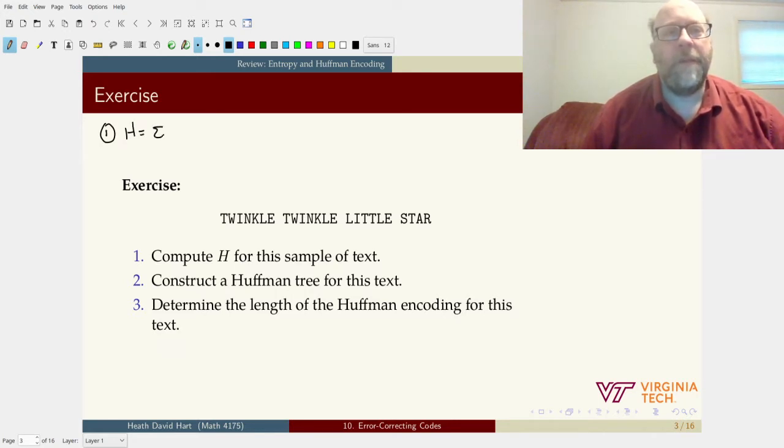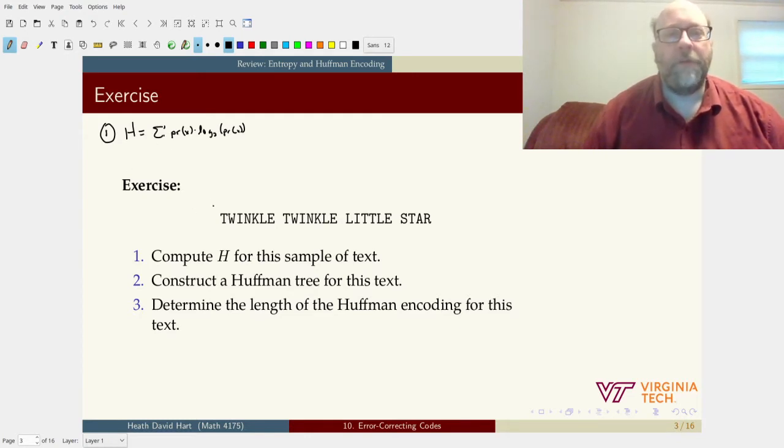It is the summation of the probability of each letter times the log base 2 of the probability of each letter, where X is in the set T, W, I, N, K, L, E, S, A, R. Fairly large set here, okay?